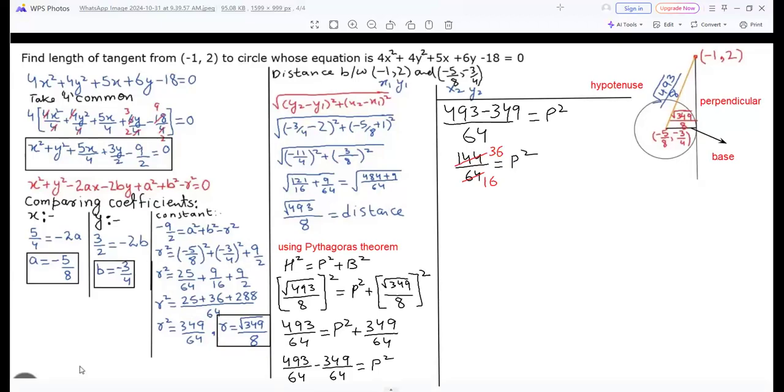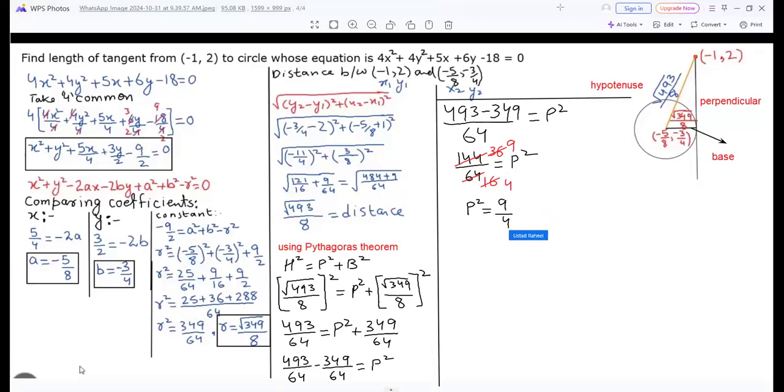So dividing it again, 4 4s are 16, 4 9s are 36. So your value of p square is coming 9 over 4.